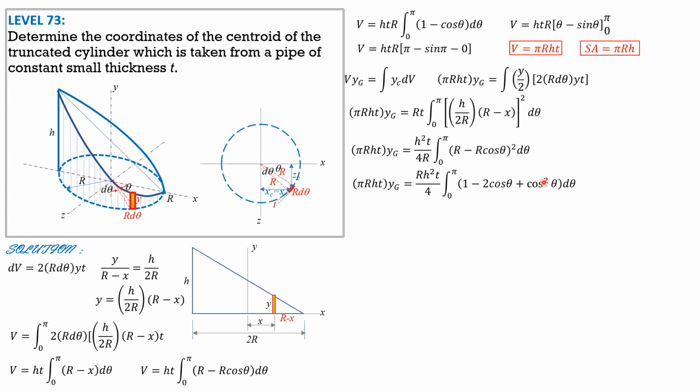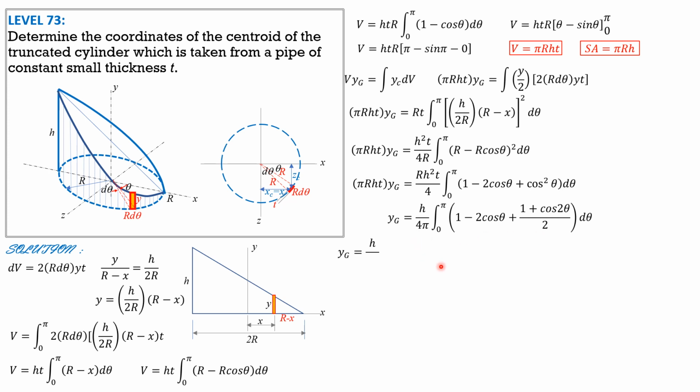So replacing cosine squared theta by 1 plus cosine 2 theta over 2. So y_g equals h over 4 pi, after we simplify this part. Quantity 1 minus 2 cosine theta, then plus 1 plus cosine 2 theta over 2, the identity of cosine squared theta. So we have here 1 plus 1 half, that's 3 halves.